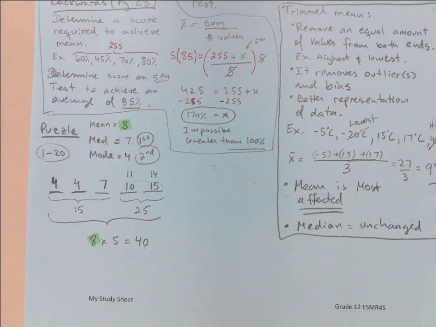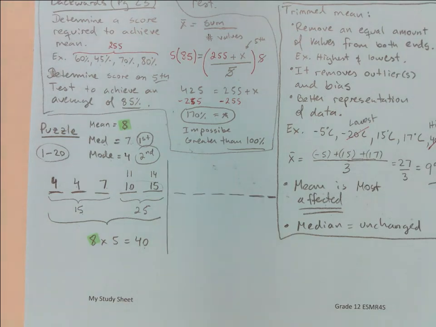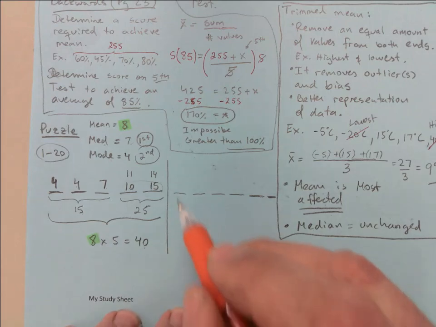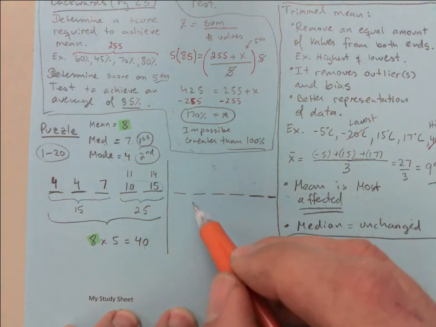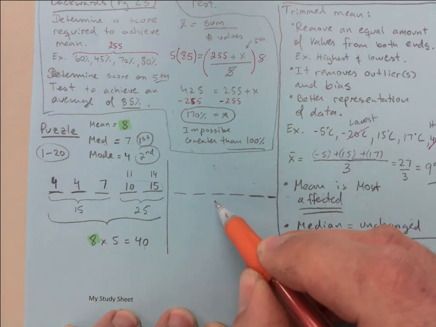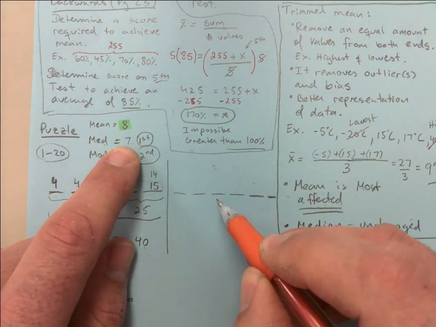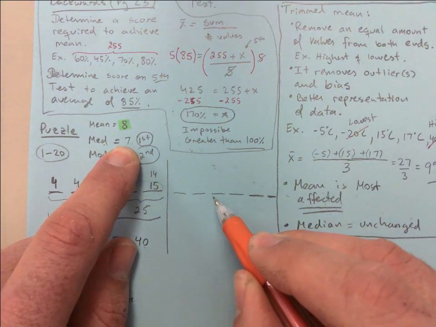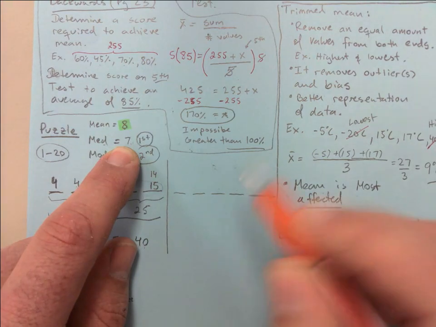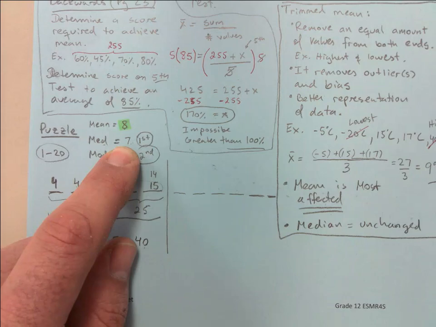Let me see here. I won't have this on the video because I might get this wrong. If we get it wrong, we'll erase it. Okay, so this might not work out. But we still have 4 and 4. The mode is still the same. The median, if my median is supposed to be 7, guys, if it's an even number of values, you can't just put a 7 in a specific spot.